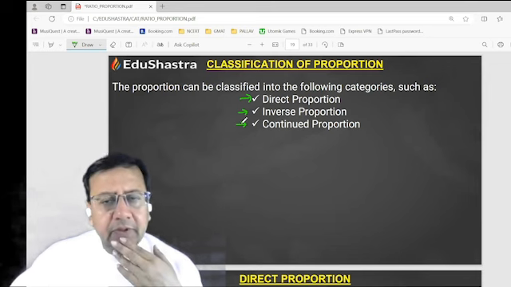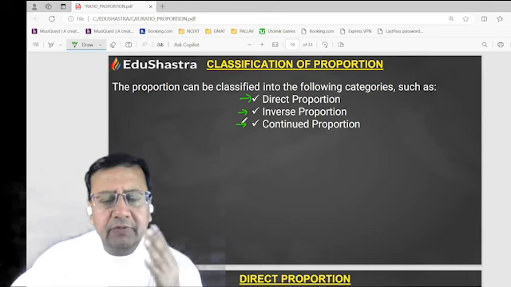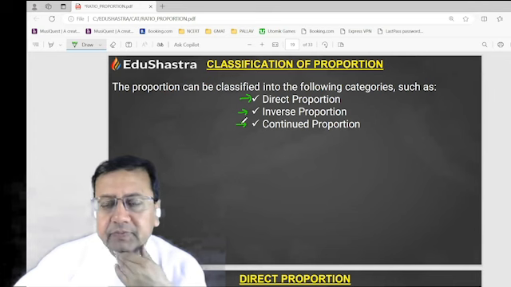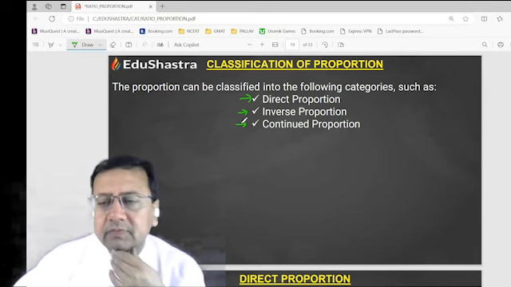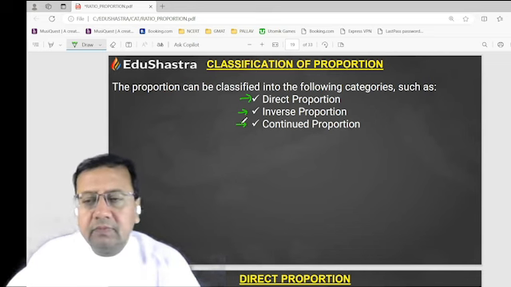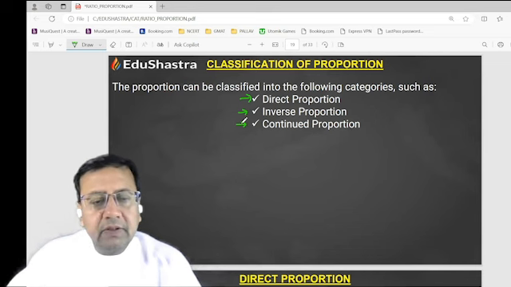Can anyone give me some example for direct proportion? If you have seen somewhere, where is the direct proportion? You can unmute yourself and just speak out.